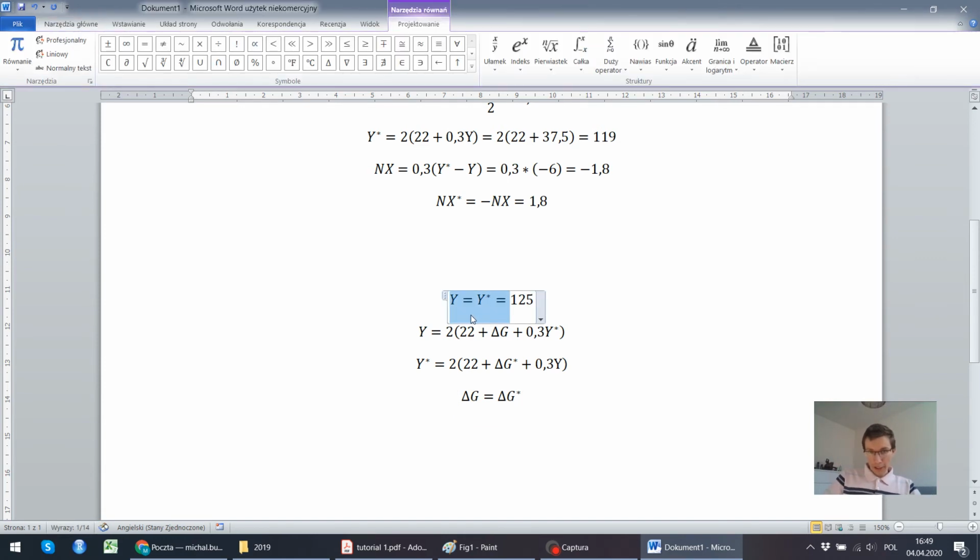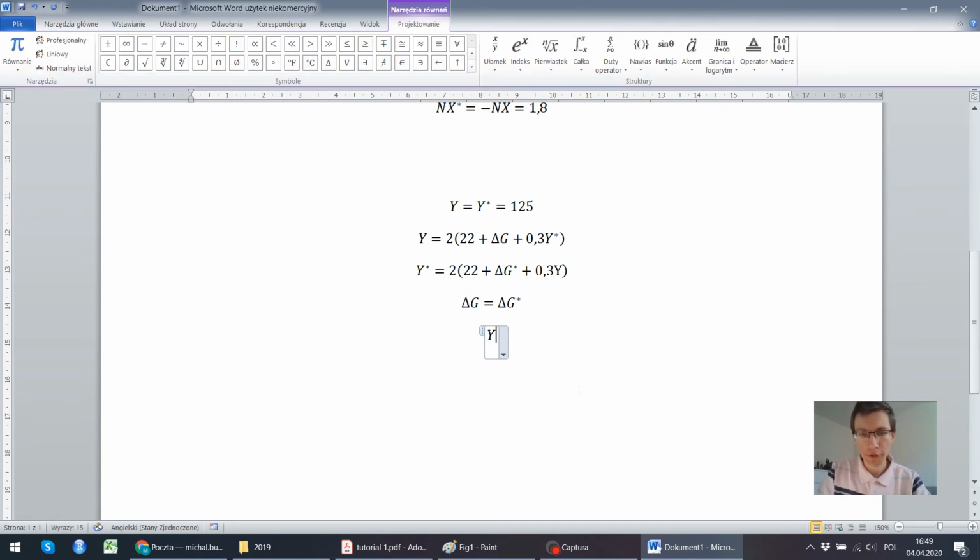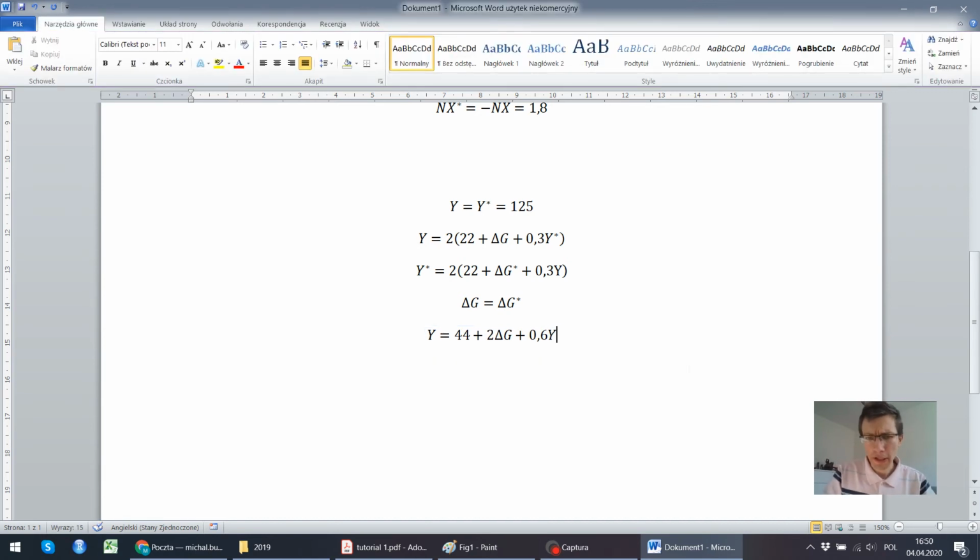We know that outputs are equal in both countries and delta G's are equal in both countries, which means that we can go really a short way here to find the actual solution, because using those two equalities, we can write that y, using the first equation, for example, is equal to 44 plus 2 delta G plus 0.6y. All right, the same you can do with the second equation.